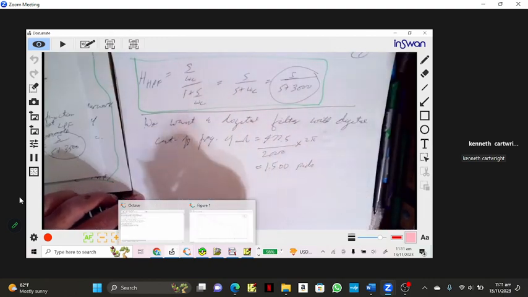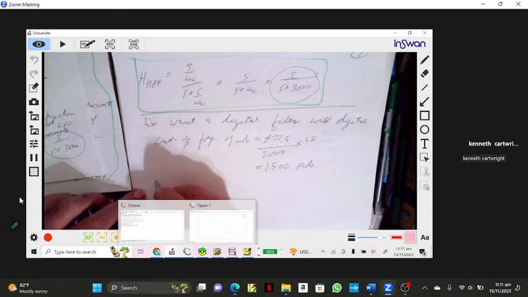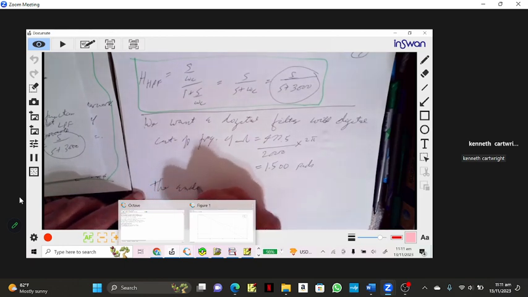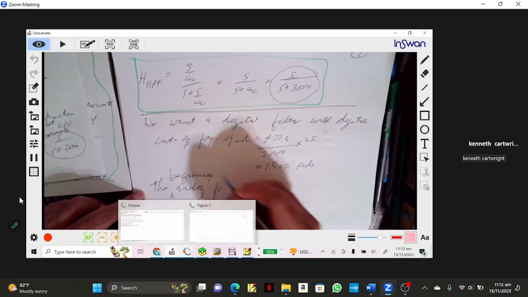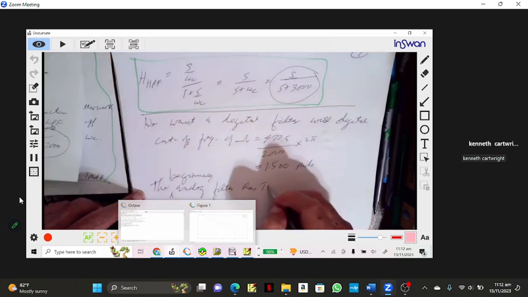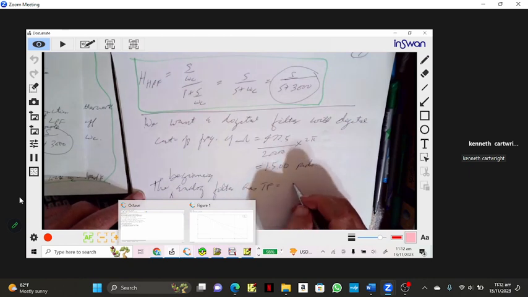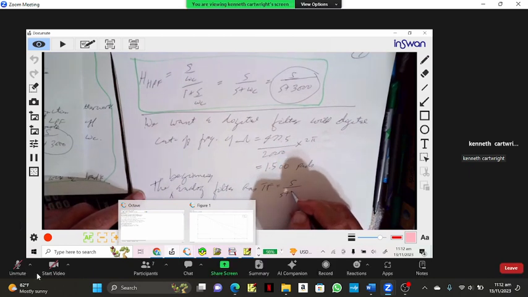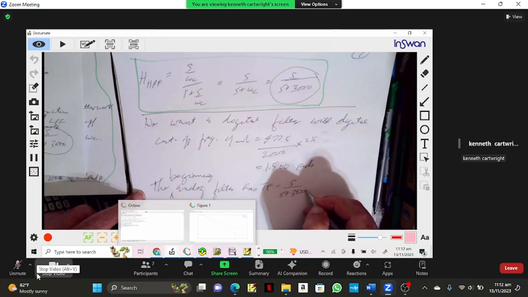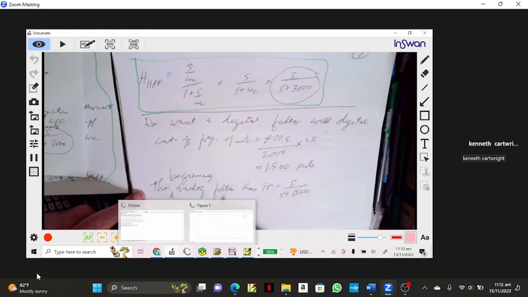So to recall, the analog filter, the beginning analog filter, has transfer function equal to S over S plus 3000.